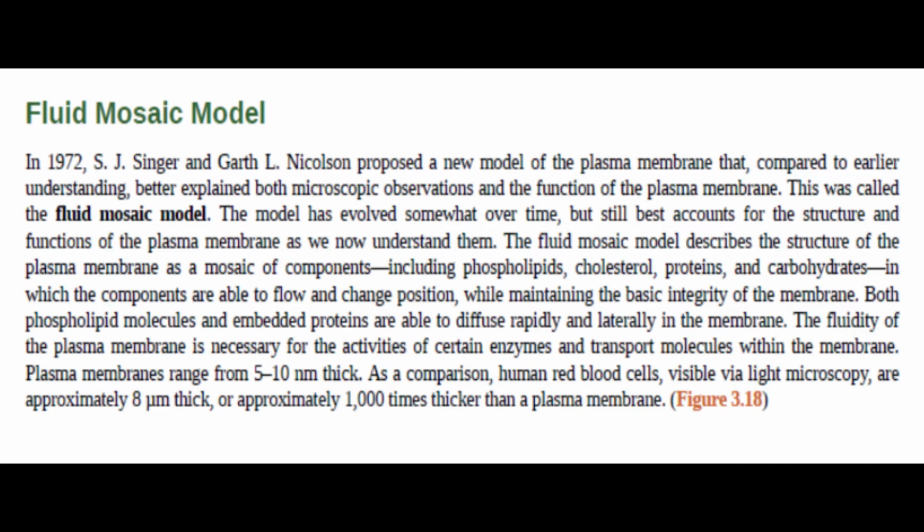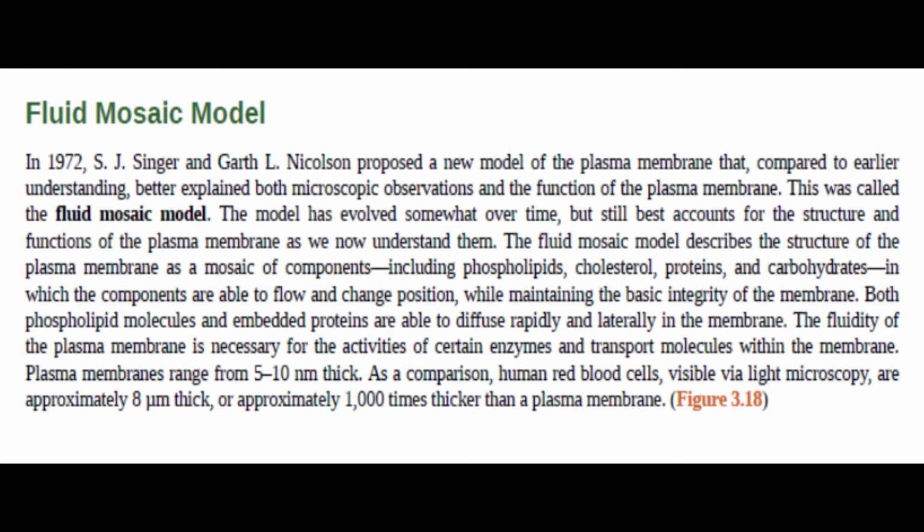Both phospholipid molecules and embedded proteins are able to diffuse rapidly and laterally in the membrane. The fluidity of the plasma membrane is necessary for the activities of certain enzymes and transport molecules within the membrane.